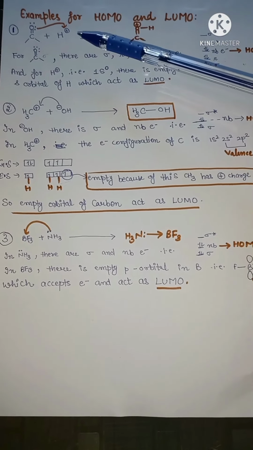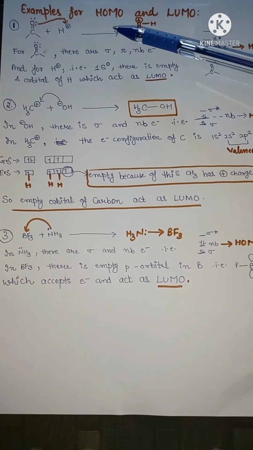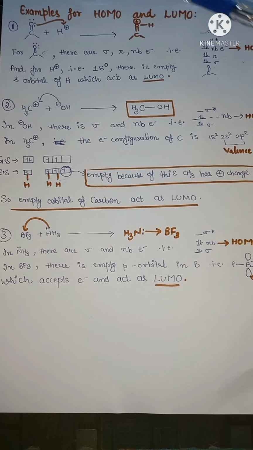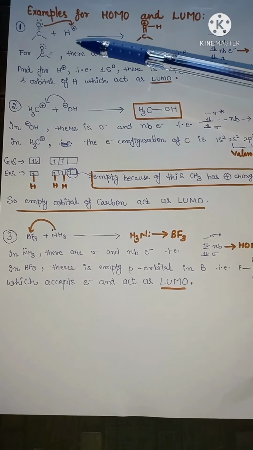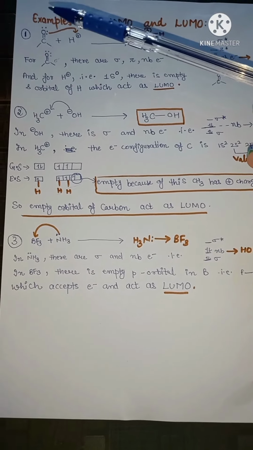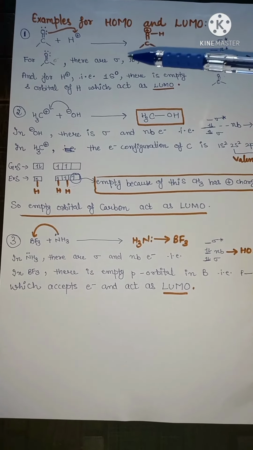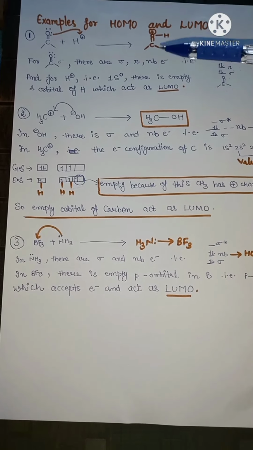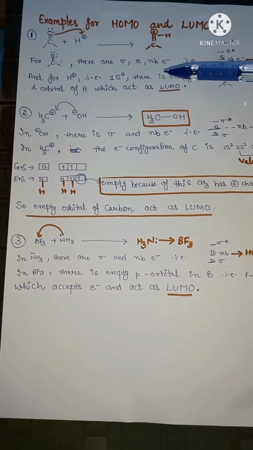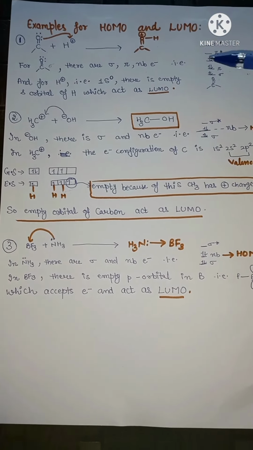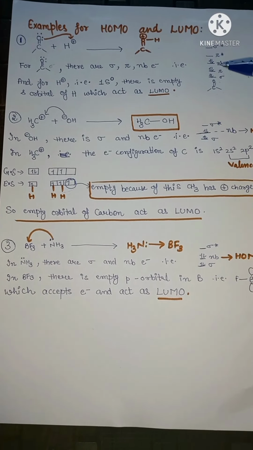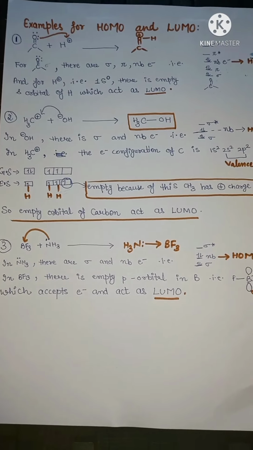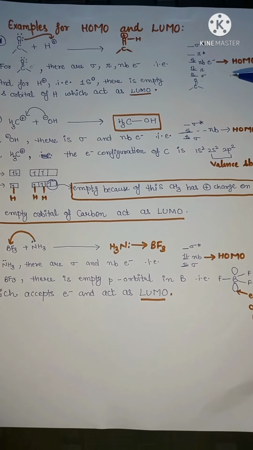Let us discuss the examples of the HOMO and LUMO concept. In the first example, there is a carbonyl compound and the proton. Here carbonyl has sigma, pi, and non-bonding electrons. The energy level is shown as this. The non-bonding electron is highest occupied, so it acts as HOMO.